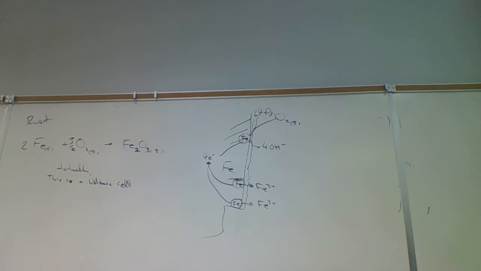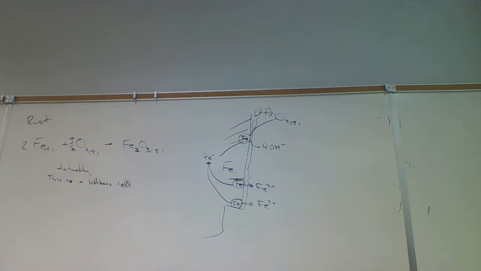That means the reduction potential up there at the top equation must be lower, probably significantly lower than 1.229 volts. In fact, we could look it up in Appendix D, but it's not coming up right now, so we'll skip it. But anyway, if we have a higher reduction potential here than here, that's going to give us a larger cell voltage, which means a bigger driving force for corrosion.